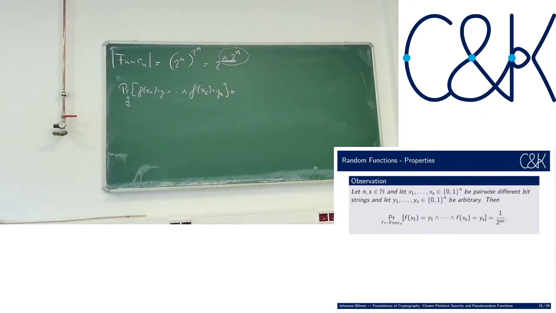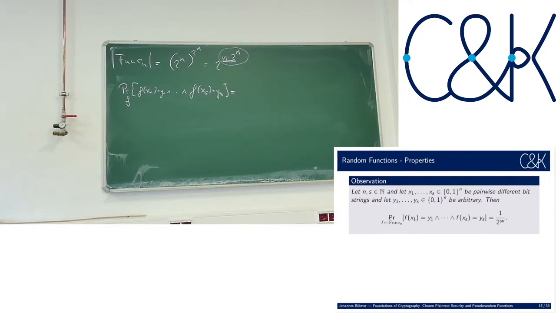I just write down what this probability means because I'm talking about uniform stuff. This is the number of functions f that have this property divided by the overall number of functions that I have.